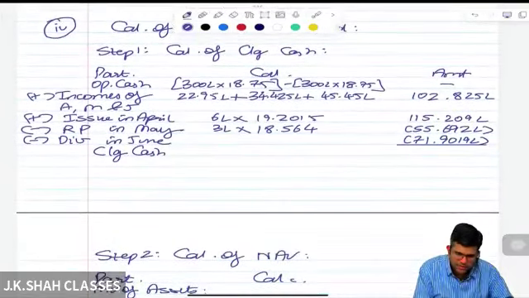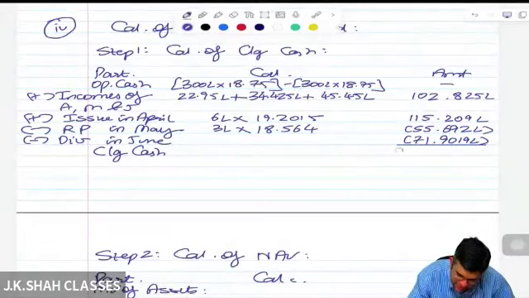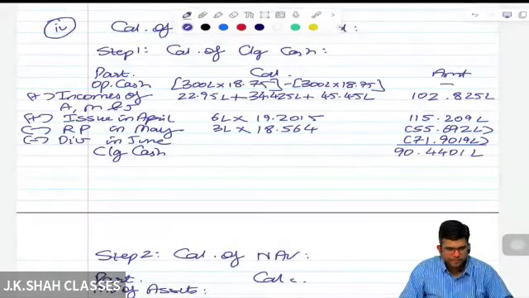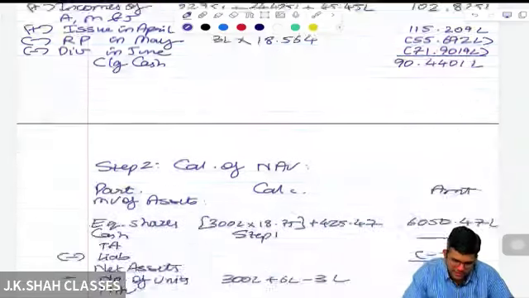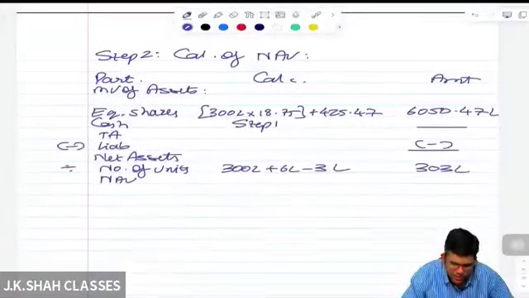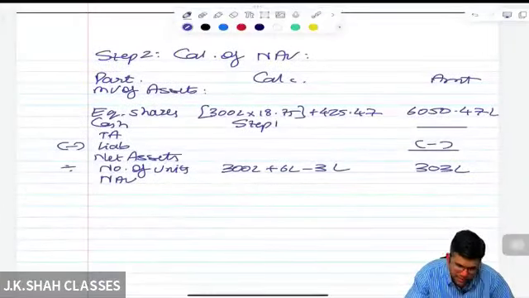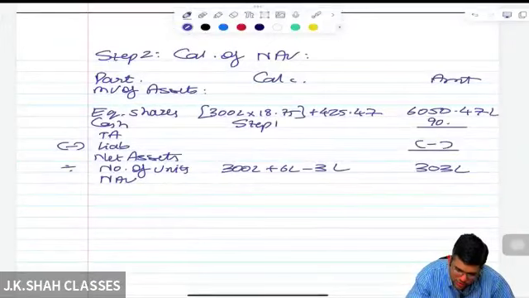Mohammed, how much are you getting? Just check once. Correct. 90.4401 lakh. Exact, no? 90.4401 lakh. This number, students, we will put here. Understood now? 90.4401 lakh. You want to write it down?